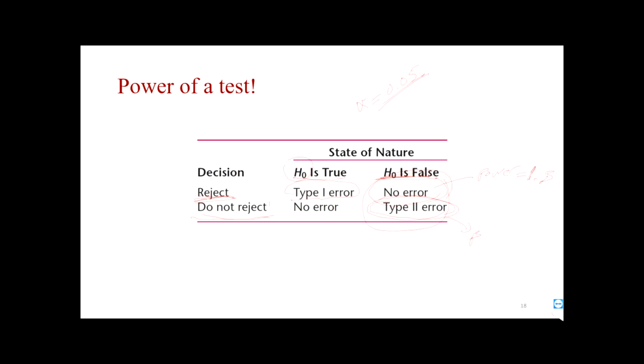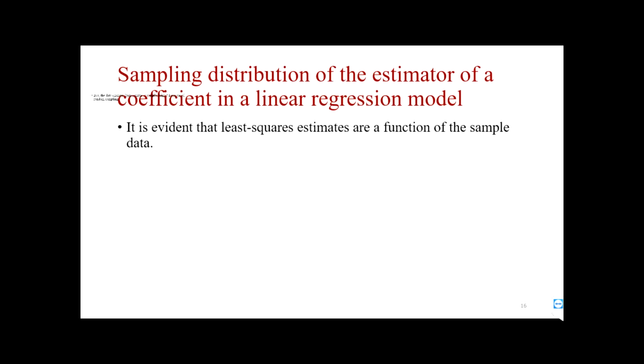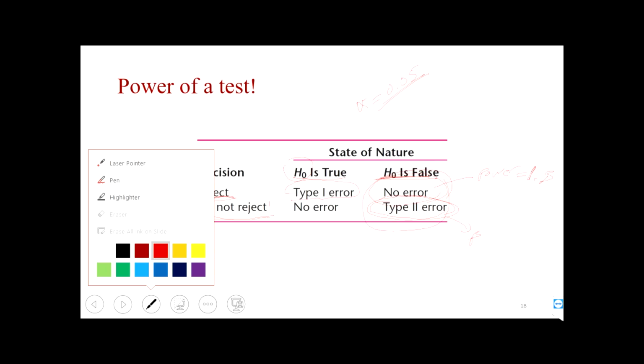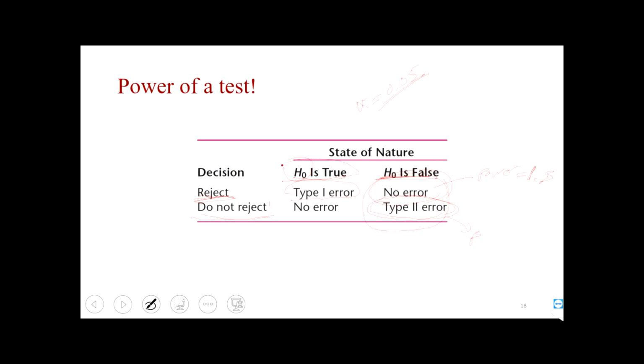I just want to remind you that when we want to reject the null hypothesis, okay, I'm going to go a little bit backwards. When we reject the null hypothesis when the null hypothesis is true, we call this a type 1 error.